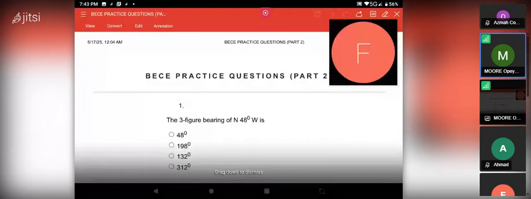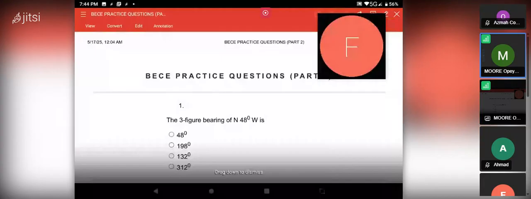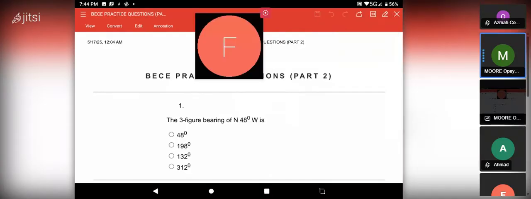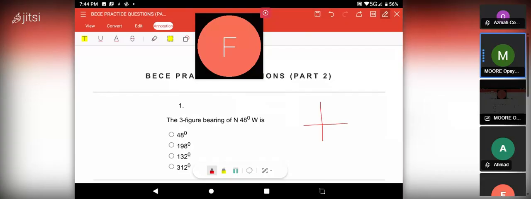Thank you. Now that is part two, as you can see. This one says the three-figure bearing of N 48 degrees W. Before you can get that, you draw the four cardinal points. So you locate northwest, it is going to be found somewhere here. The angle is 48 degrees. So it means that from west here, we have calculated this one is 48, right?